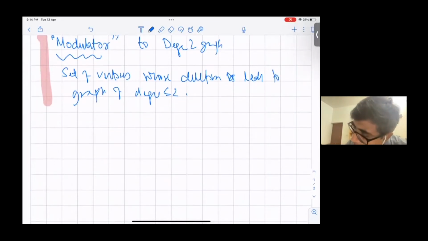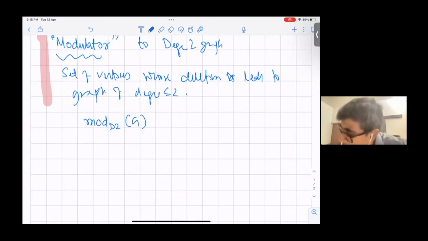Let me use the symbol mod-deg-2 of G. So what is the modulator to degree 2 of G? It is the minimum number of vertices whose removal gives us a graph of degree at most 2.